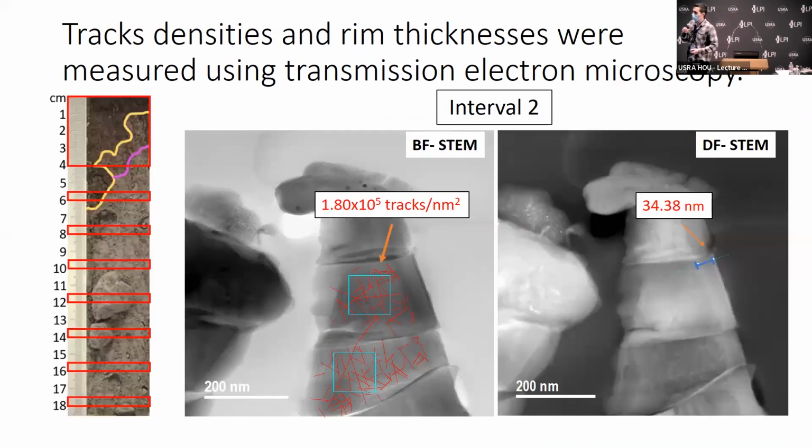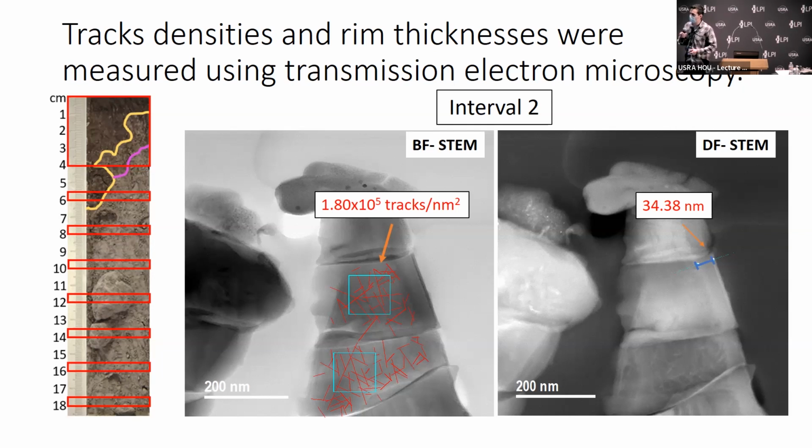So Purdue received the top 8 intervals, or top 4 centimeters of material. And then every fourth interval after that, we received them as sub 45 micron size fractions. We sieved them down to sub 20 micron size fractions, embedded them in epoxy, sliced them into 50 nanometer thick thin sections, and then took bright field and dark field STEM images.